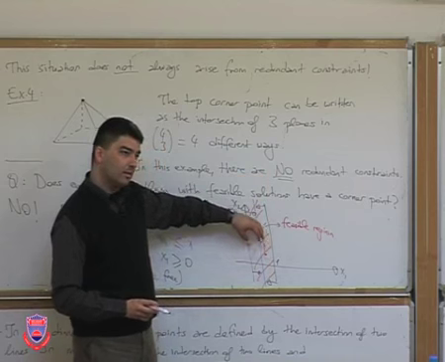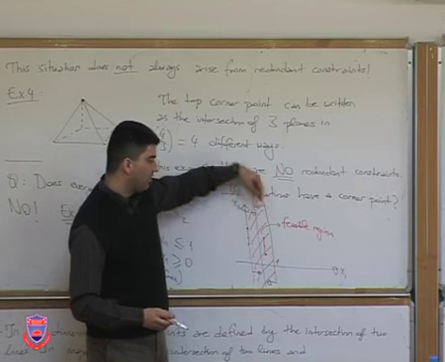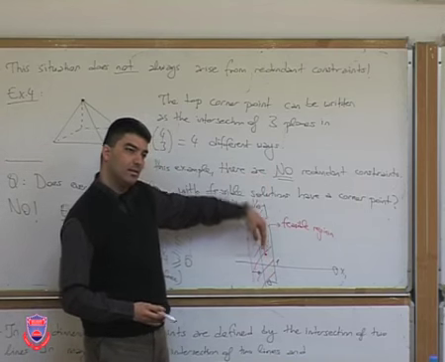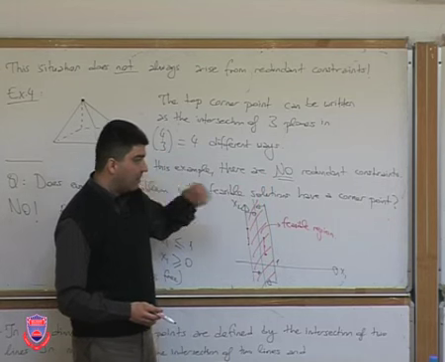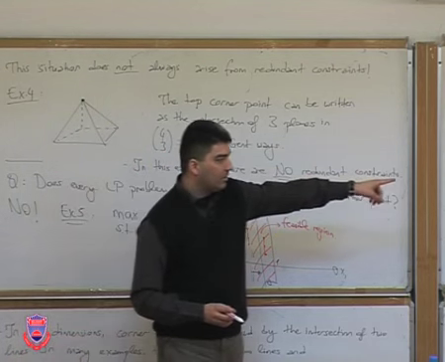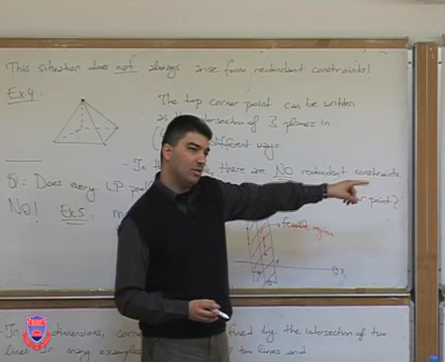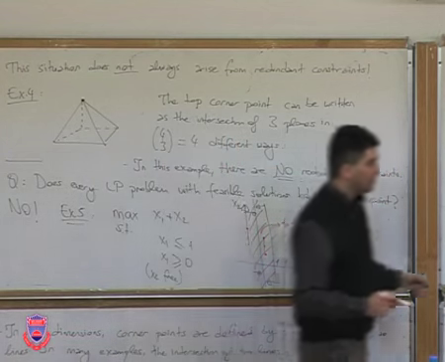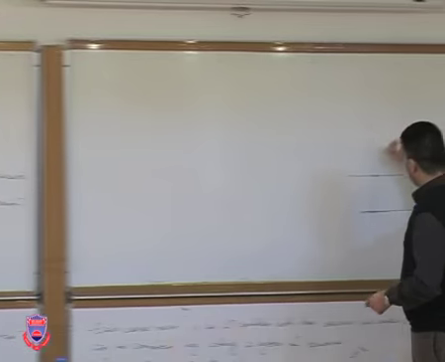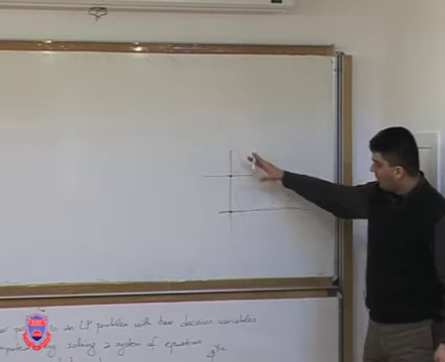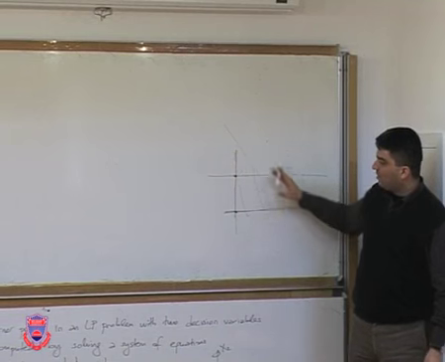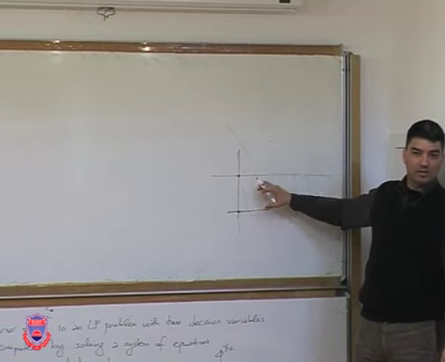So this feasible region actually contains this blue line. Whereas if I look at that example, I cannot find a line that's contained in that feasible region. If you give me any line, that line will always cross my feasible region, but will not be contained in the feasible region.